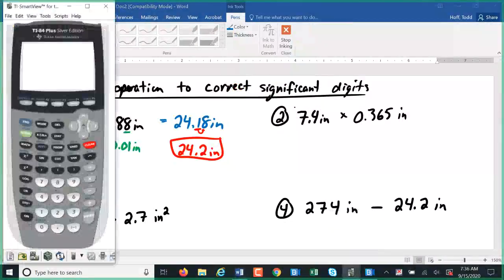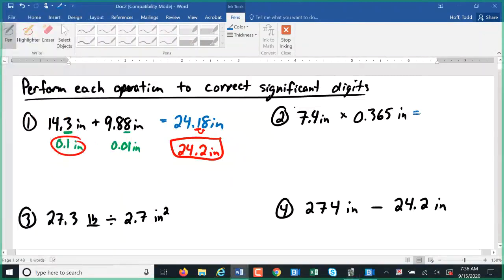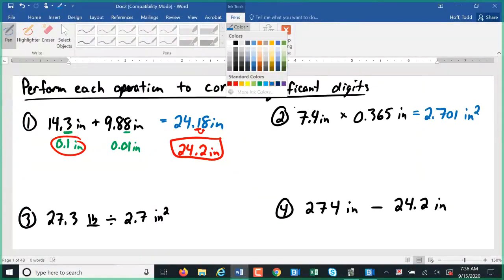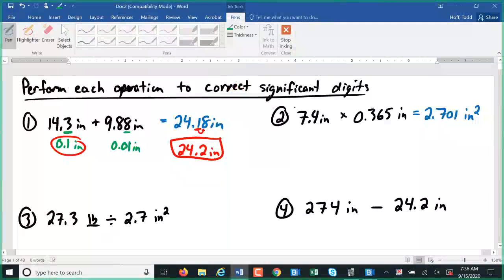Number 2, we first have to multiply the 7.4 inches times 0.365 inches, giving us 2.701 inches squared. So now we look at, for multiplication and division, we preserve accuracy, which is the number of significant digits.